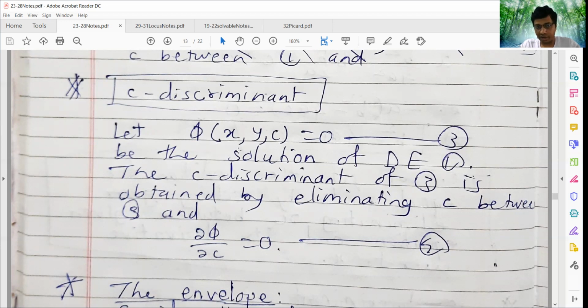That means we can find the condition for this equation to have equal roots for c. To find this condition, we have to eliminate c between this solution 3 and the equation dou phi by dou c equal to 0.